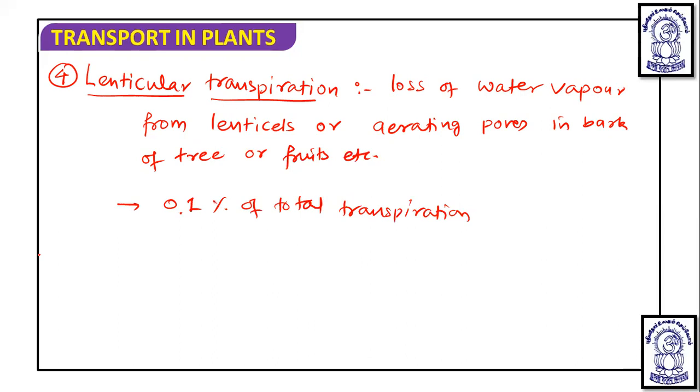Okay, so these are all the types of transpiration based on the structure involved in transpiration, like stomata, bark, lenticel, and so on.